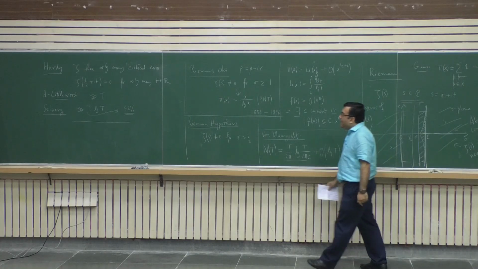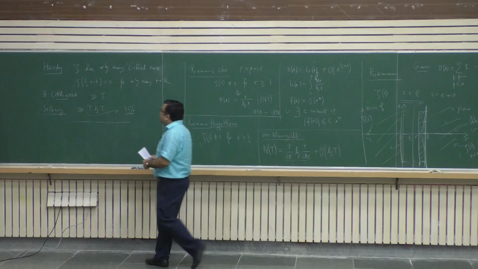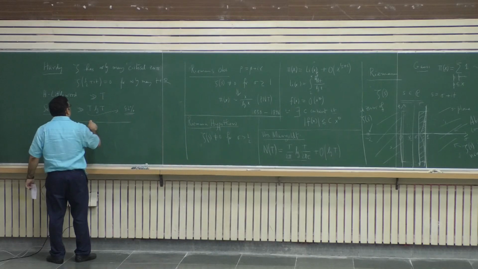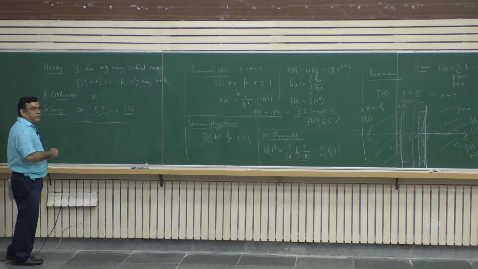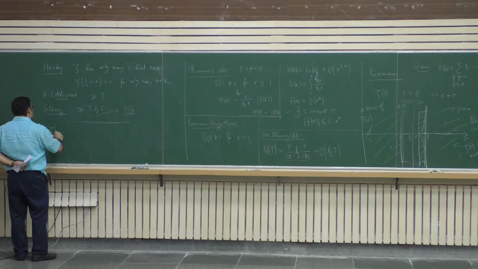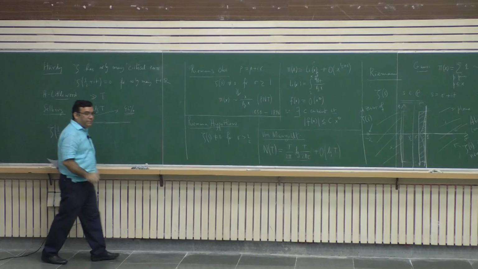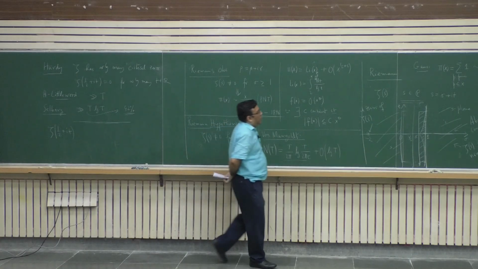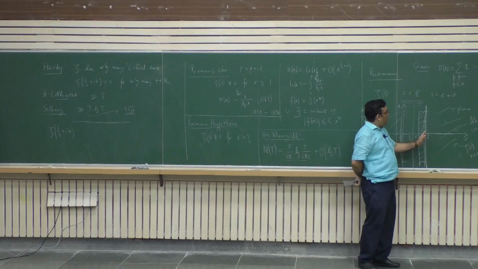inside the critical strip. If you look outside the critical strip, say if you take sigma greater than 1, then you can prove that the zeta function is not growing at all. Because if you look at the Dirichlet series, it will be bounded by the value at the real number.